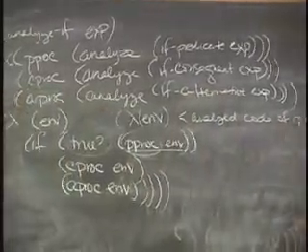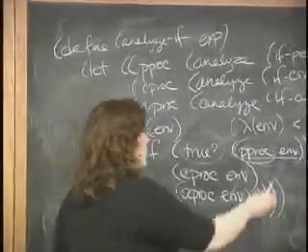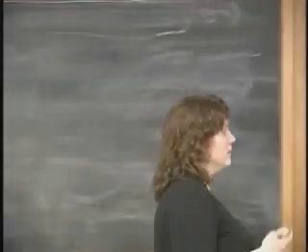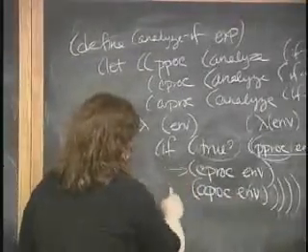We pass it an environment so that we know where to look up any of the variables, if there are any variables inside the predicate. We have to give it an environment so we can look them up. And then we go off and we either do this one or that one. Yes?